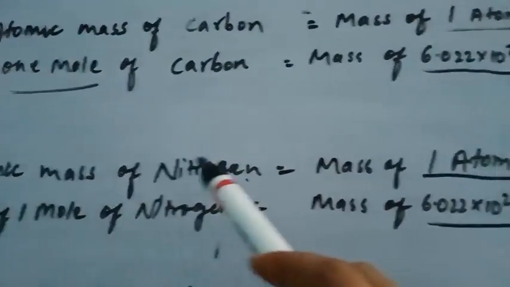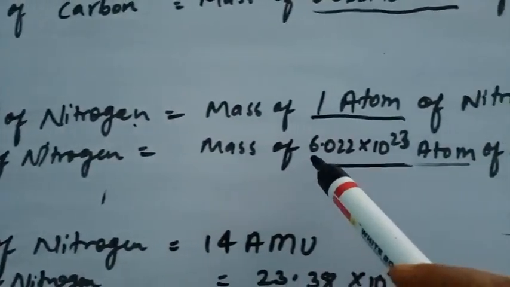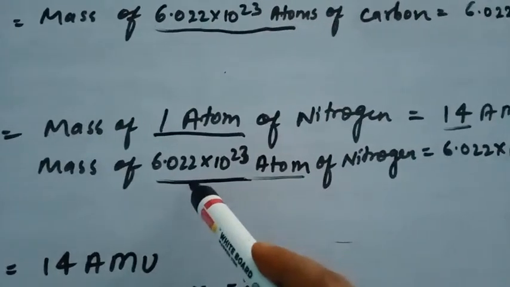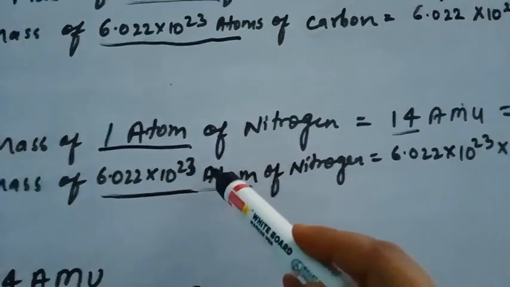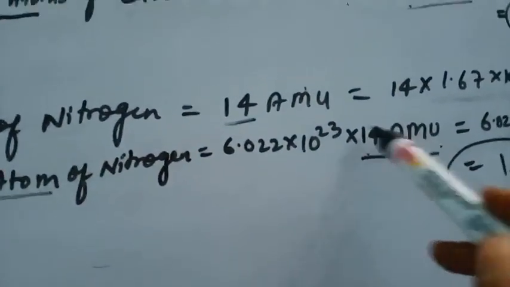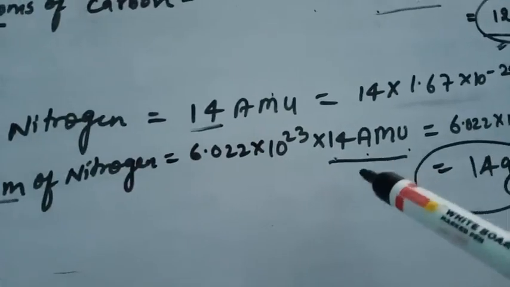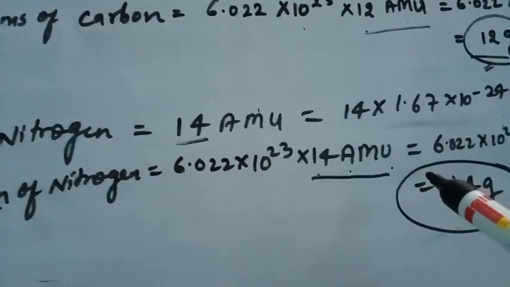So you know the atomic mass of nitrogen is 14 AMU, and to calculate the mass of 1 mole of nitrogen, I have to multiply 6.022 into 10 to the power 23 into 14 AMU. Then you will get the value of the mass of 1 mole of nitrogen.